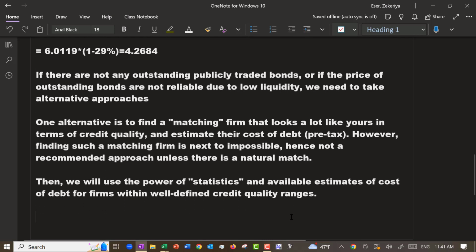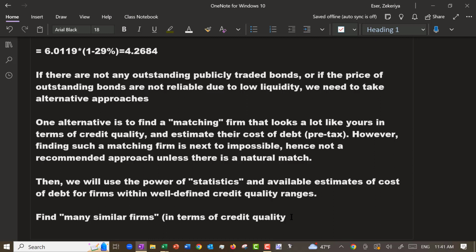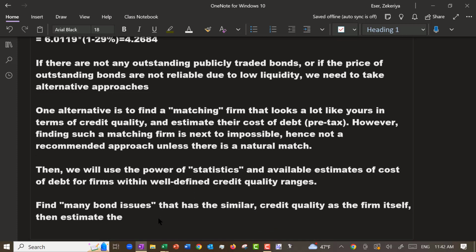Find many similar firms in terms of credit quality, or many bond issues, I should say, that have the same, or I should say similar, credit quality as the firm itself, then estimate the average cost of debt for this group.